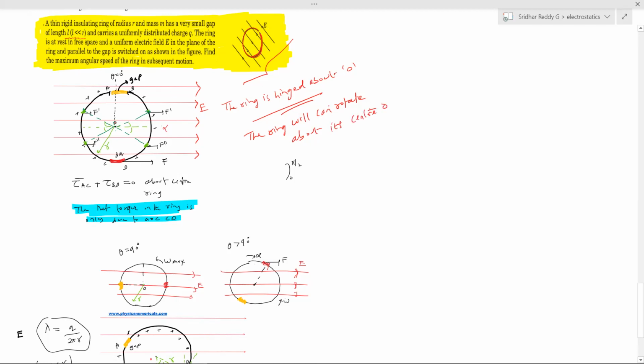Okay, fine. Let's define this vertical line as theta equals 0.